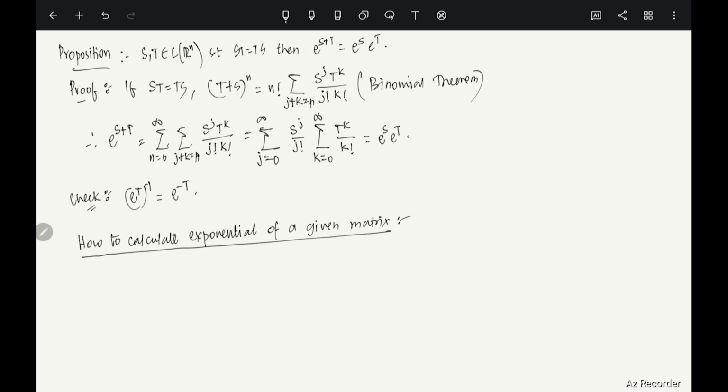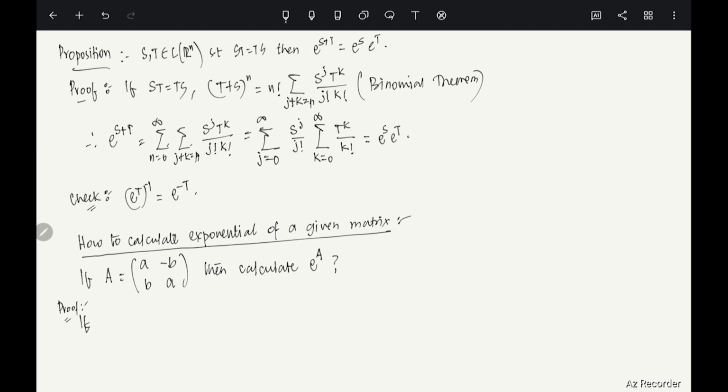Okay, right. First of all, let's say A is a 2 cross 2 matrix, A minus B, B A. Then we have to know what is e power A. That's the question: calculate e power A. Now you see, this is the proof.